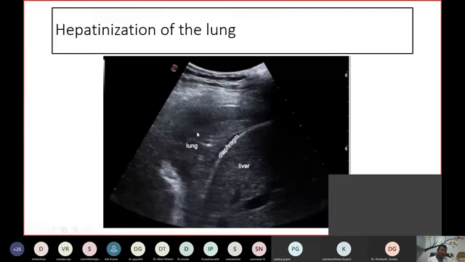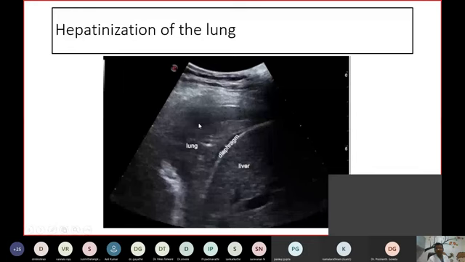You can see the diaphragm, you can see the liver, and your lung is almost looking like a liver. So that is hepatization of the lung. Basically in a normal lung you are going to see all artifacts, but here it looks like a tissue.